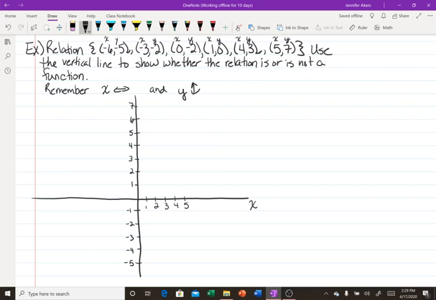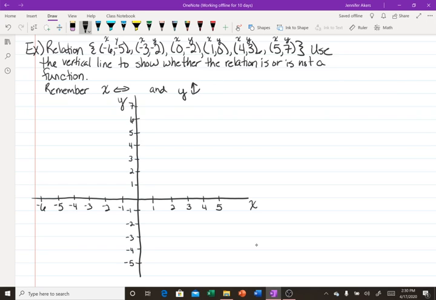These are my x's. Let me space those out a little bit more. I'm being picky. Sorry. Now the y's: 1, 2, 3, 4, 5, -1, -2, -3, -4, -5, and I have to go out to -6. Okay, so I've got my coordinate plane.